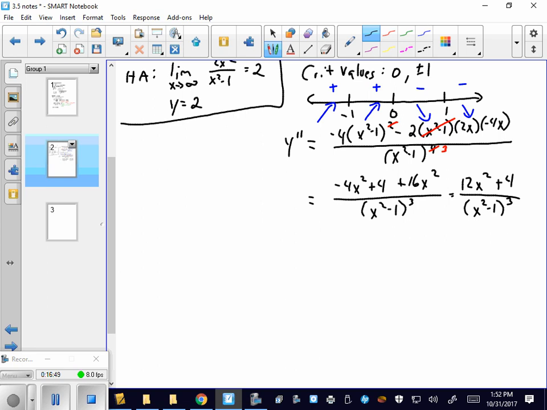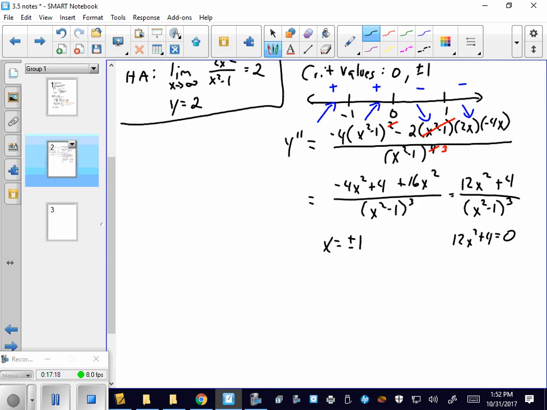Okay, so second derivative, we got to set that equal to 0, or once again find out where it doesn't exist. The denominator still does not exist at positive and negative 1, so those are going to be values that I have to include. The numerator, let's see, 12x squared plus 4 equals 0. Well, 12x squared is positive no matter what you plug in, or the worst 0.